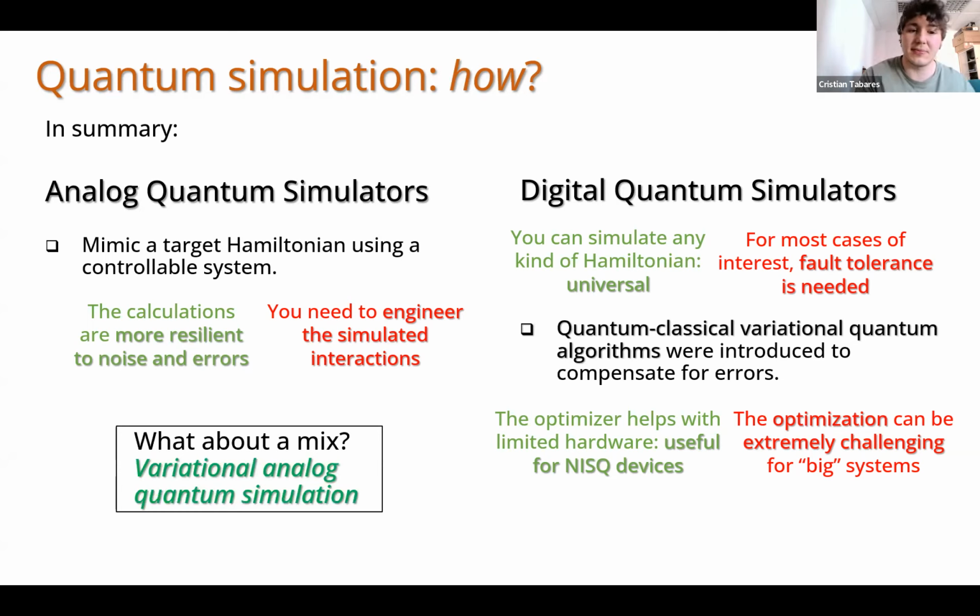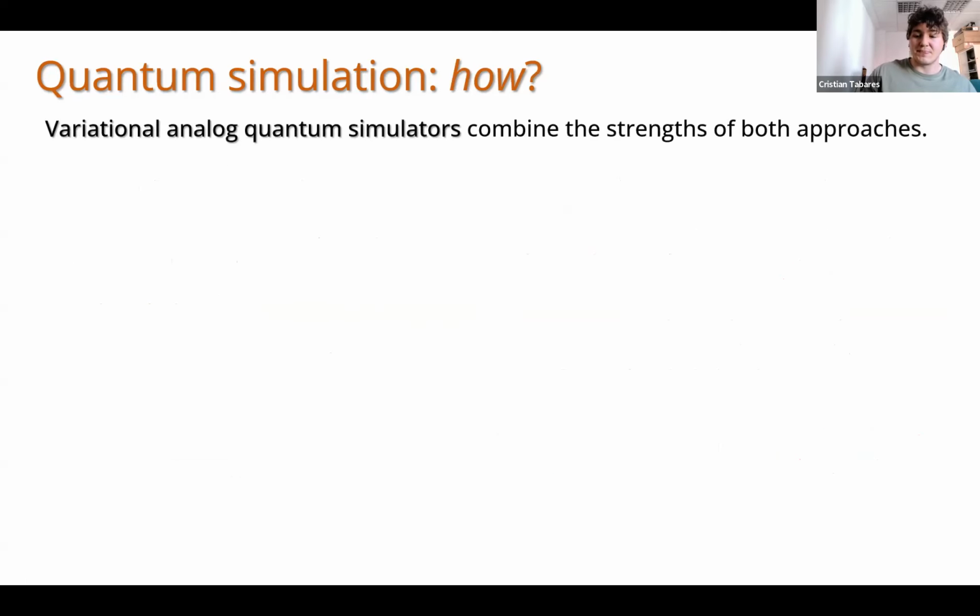So we may wonder if it is possible to go one step beyond and say, well, we have these analog quantum simulators that are more resilient to noise and errors, so they compensate some of the errors that digital ones have. But we also have the variational method that can be extremely challenging sometimes, but sometimes works great. So what about mixing them? What about doing variational analog quantum simulation? And this is the main point of what we do. I want you to understand.